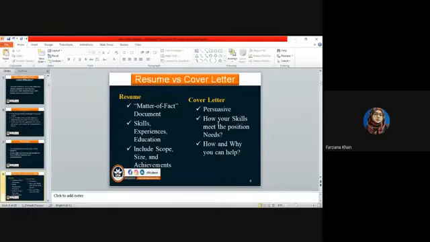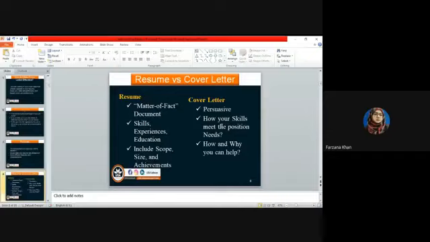But in cover letter, you mention how your skills meet the position needs, how your skills meet the requirement of the organization, how your experiences can help to fulfill the requirement of the organization, and how your academic record fulfills the need and requirement of the position.